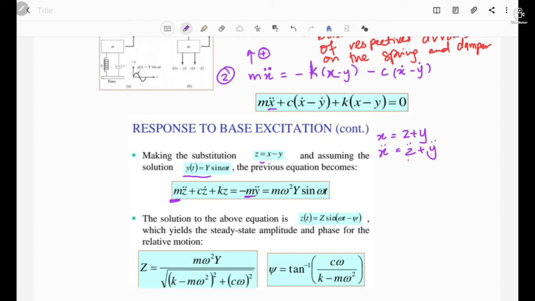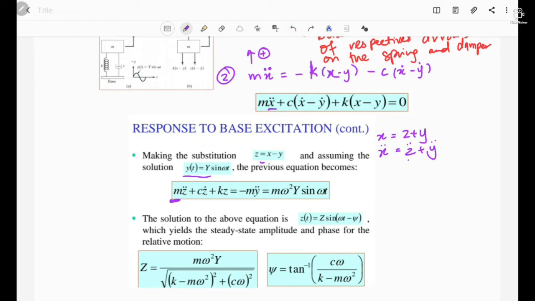Okay, then the rest will become just z dot and z. So that's how you get this expression. So the main thing is just you separate the mx double dot into mz double dot plus my double dot, but you bring it to the other side of the equation.